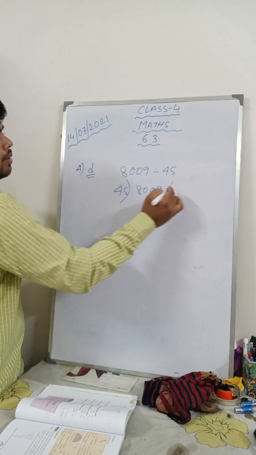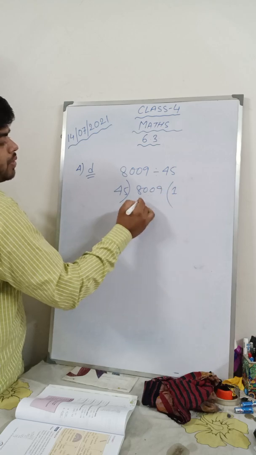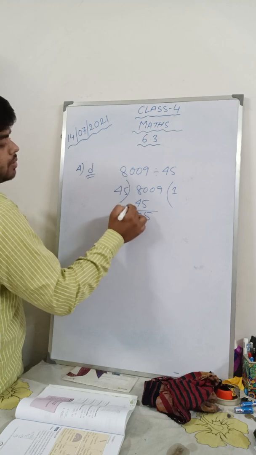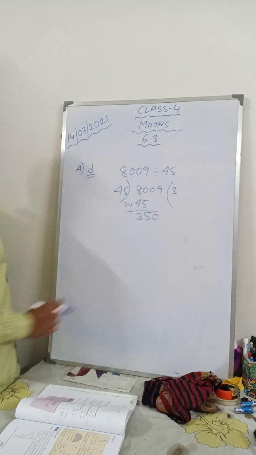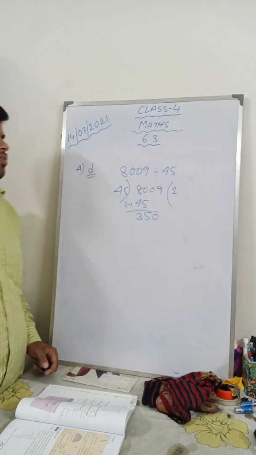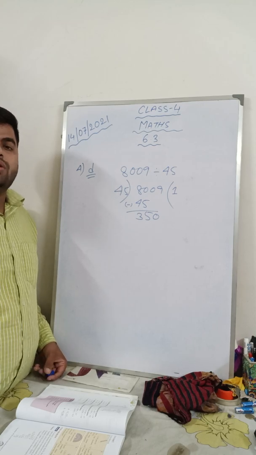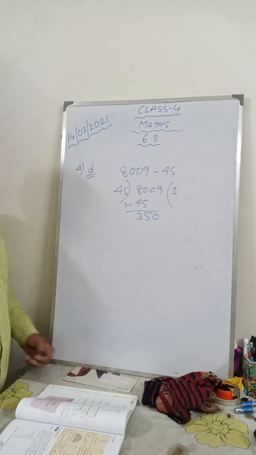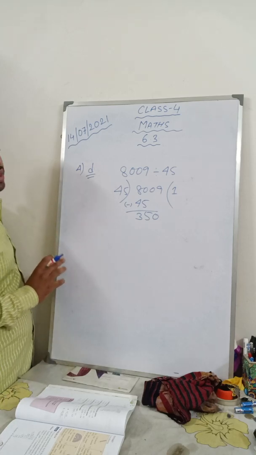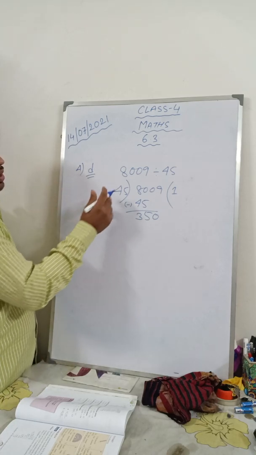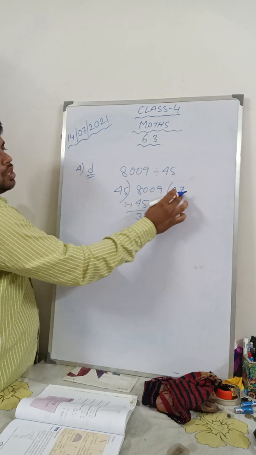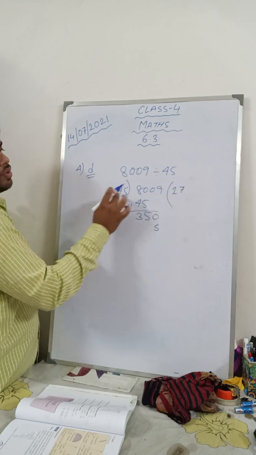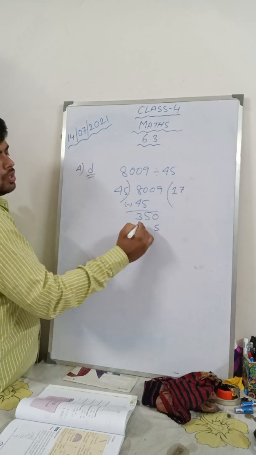8009. 45 into 1, 45 ones are 45. Here 5 and here 3. 0 comes down. 45 ones are 45, 45 twos are 90, 45 threes are 135, 45 fours are 180, 45 fives are 225, 45 sixes are 270, 45 sevens: 7 fives are 35, 3 in hand, 7 fours are 28 plus 3, 31.